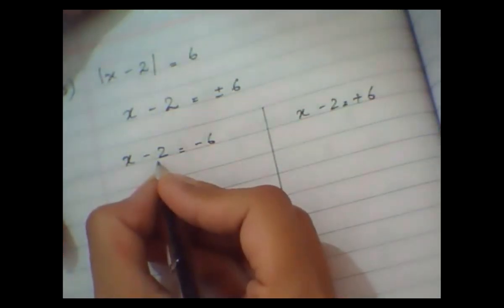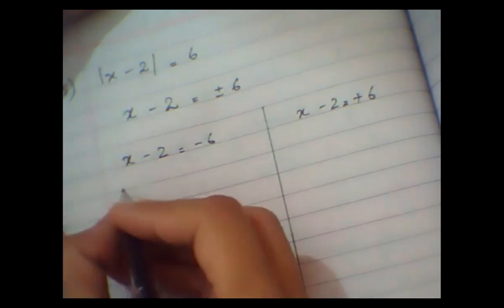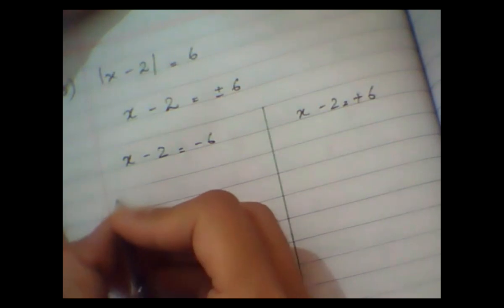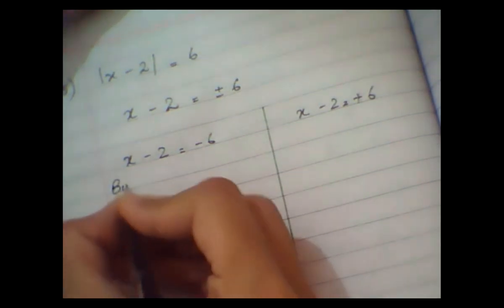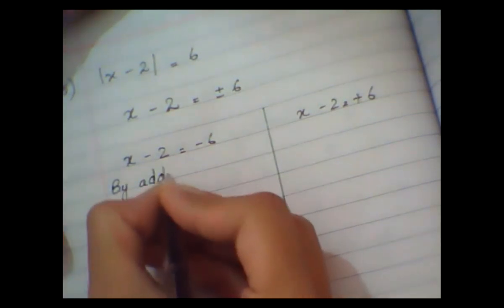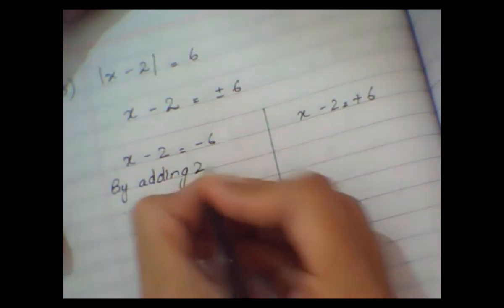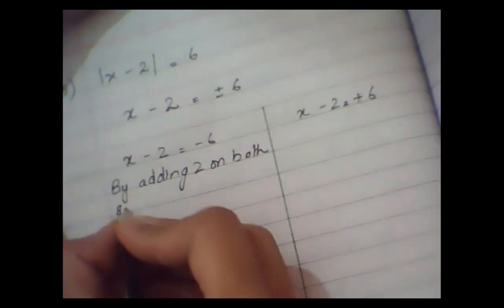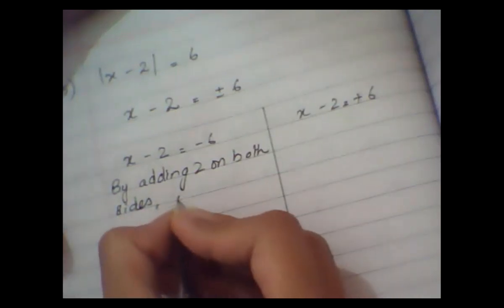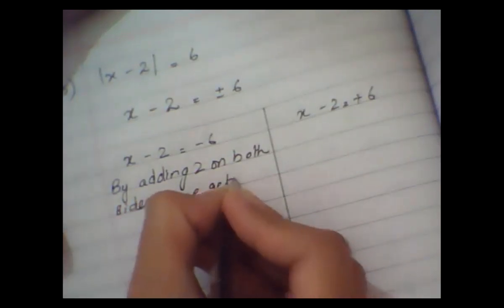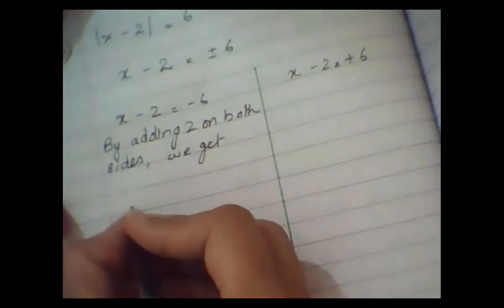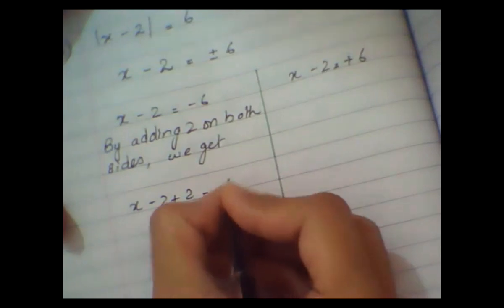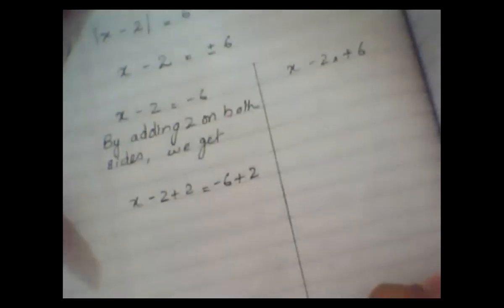Then this minus 2 is over there, so which property is going to be applied? Adding. By adding 2 on both sides, we get x minus 2 plus 2 and minus 6 plus 2.